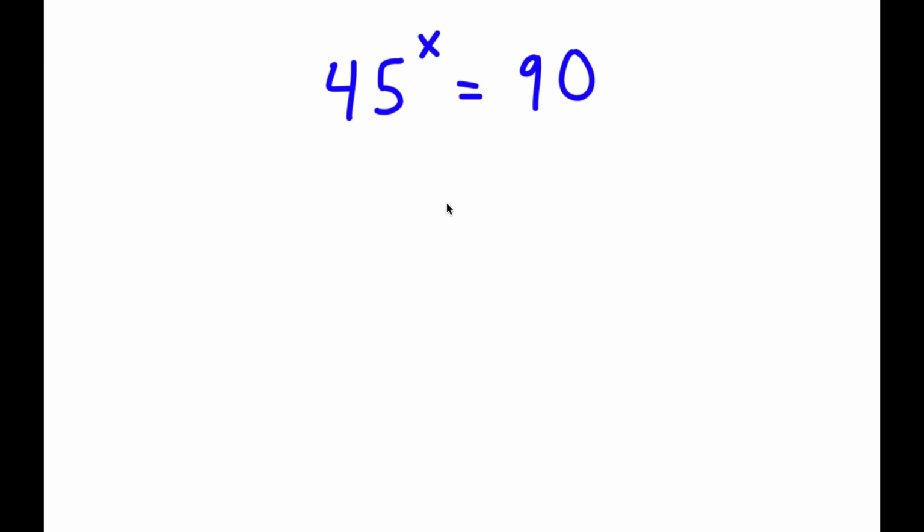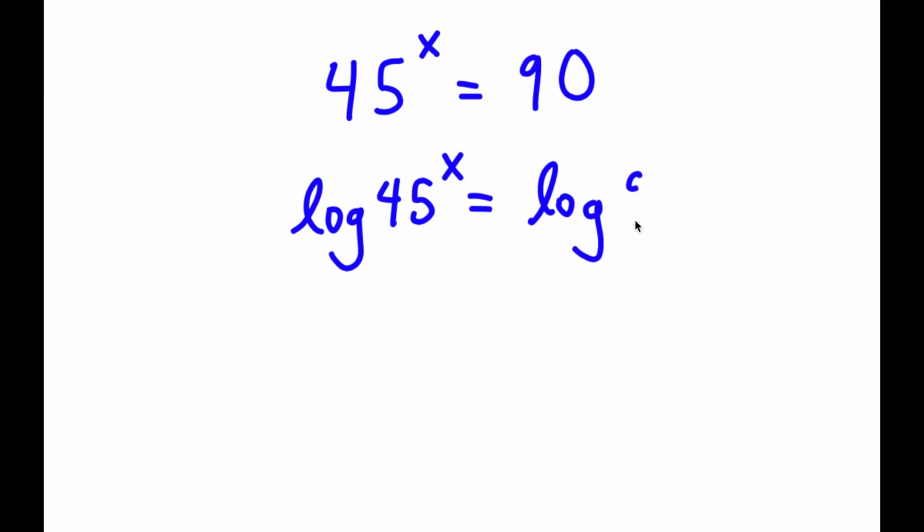Alright, so in this problem, I have 45 to the power of x is equal to 90. So to solve this, I'm going to first start by taking the log on both sides. So now I have log of 45 to the power of x is equal to log 90.